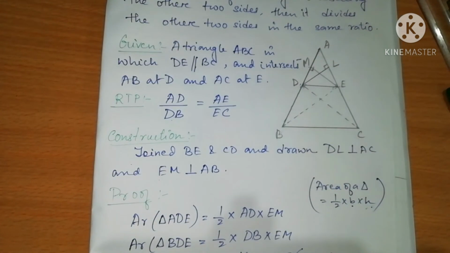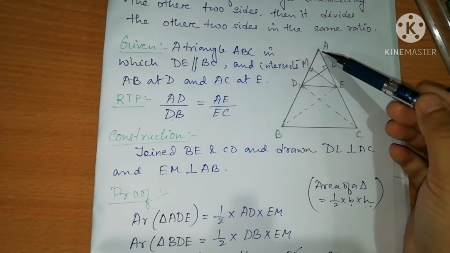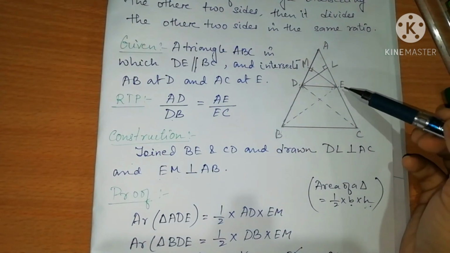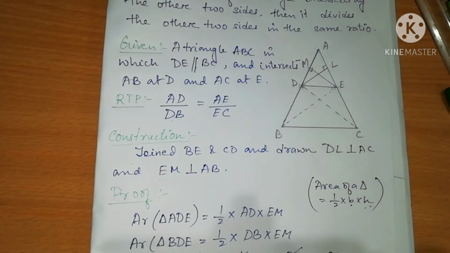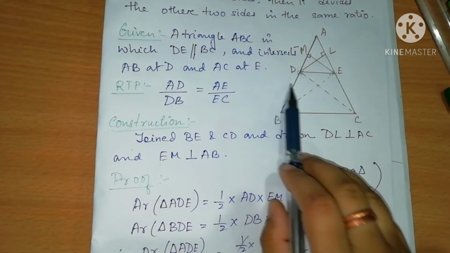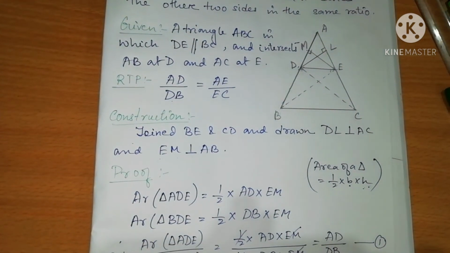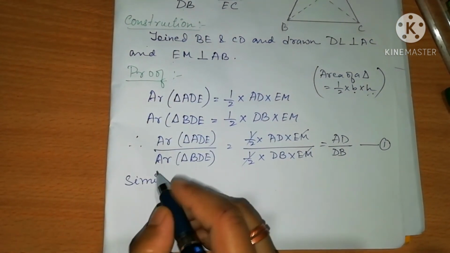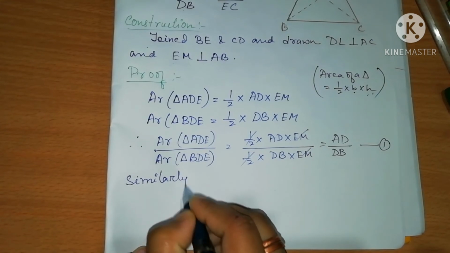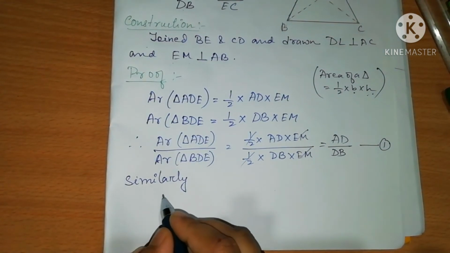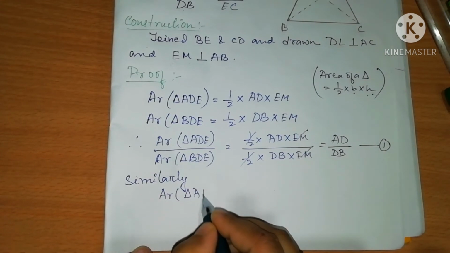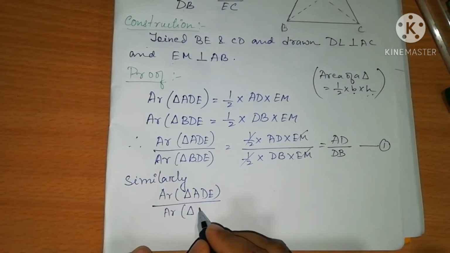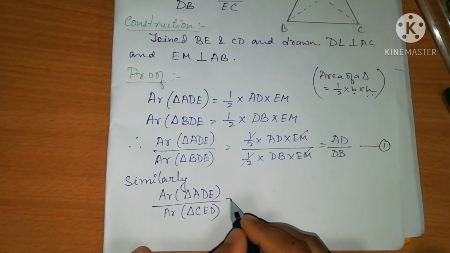Similarly, to get AE by EC, for getting AE I will take ADE, and for getting EC I will take the triangle EDC. So ADE and EDC. Similarly, area of triangle ADE by area of triangle CED.